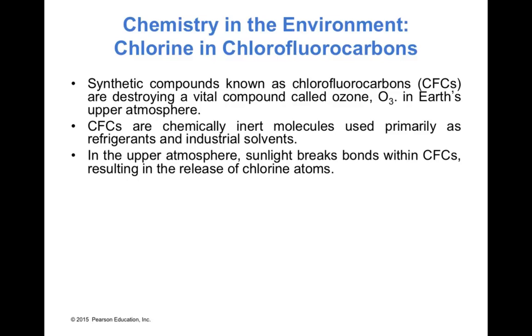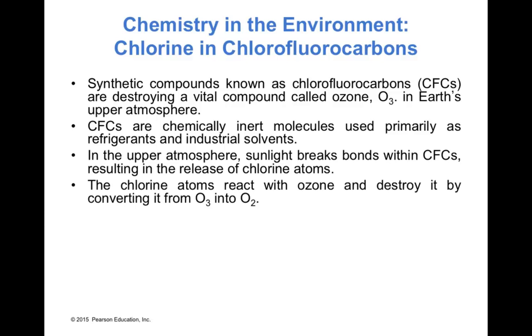In the upper atmosphere, sunlight breaks bonds within CFCs, resulting in the release of chlorine atoms. And there's the situation. The chlorine atoms react with ozone and destroy it by converting it from ozone to O2. Ozone is O3 and O2 is oxygen.